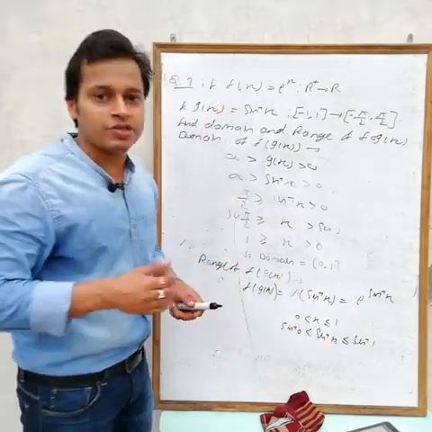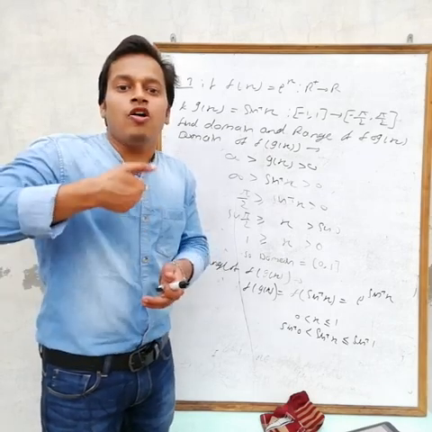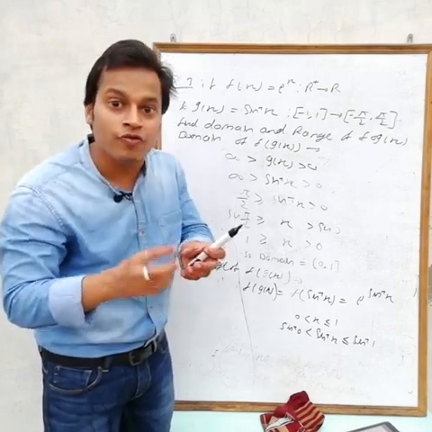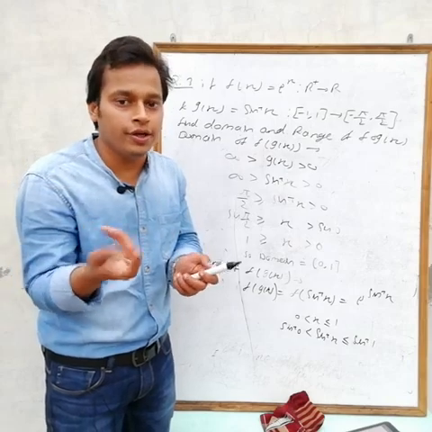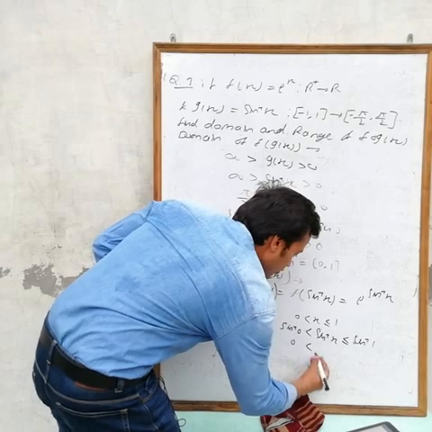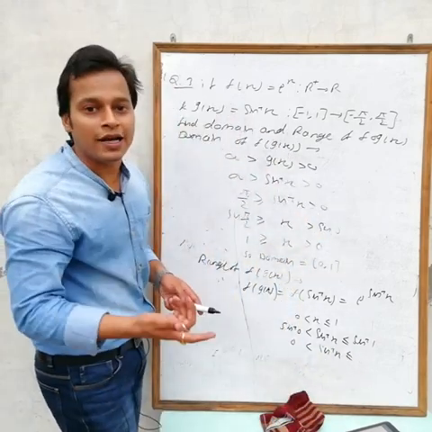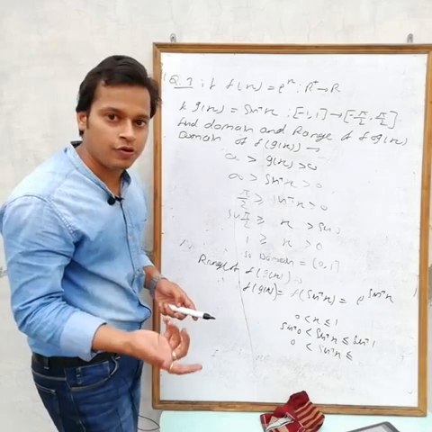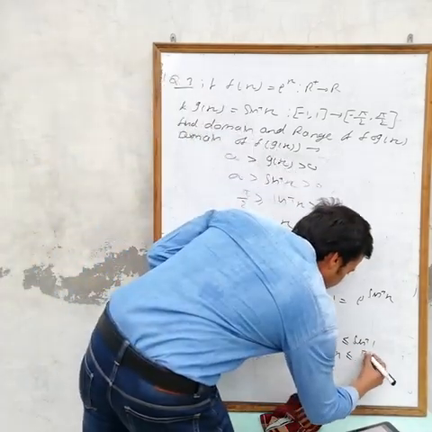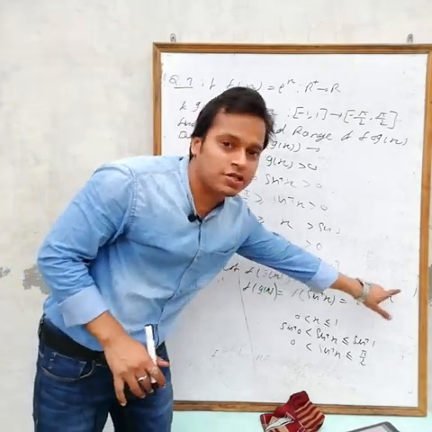Sine inverse 0, how can you find it? Find the value of theta such that sine becomes 0, that is 0 degrees. So sine inverse 0 is 0. Sine inverse x and sine inverse 1: where the sine is equal to 1, pi by 2. So this one is pi by 2. But we don't want the value of this one, we want the value of e power sine inverse x.